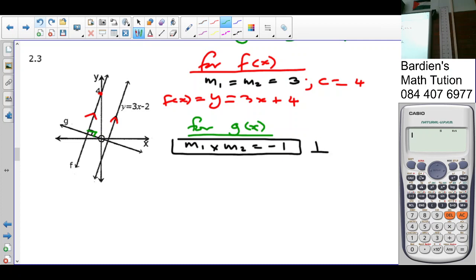Okay. So what is the gradient of f of x? 3. So it's 3 times the gradient of g, let's call that m2, is equal to negative 1. It's not good to call it m1, m2 because these are already m1, m2, but it's just the idea. You guys understand? Yeah? So I divide by 3 both sides. So m2 is equal to negative a third.